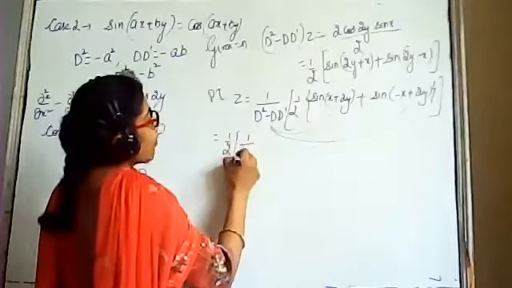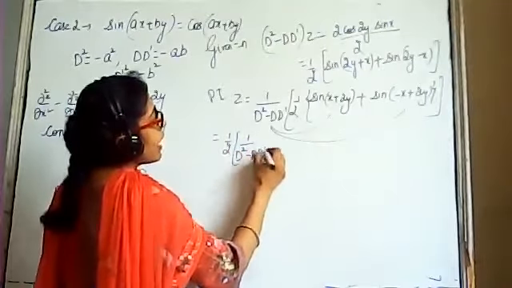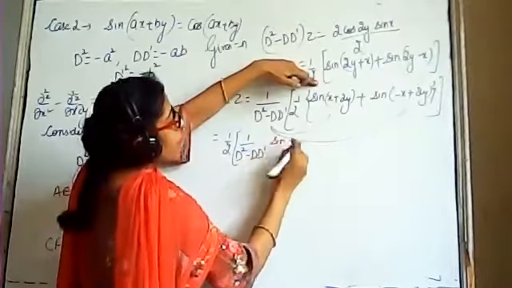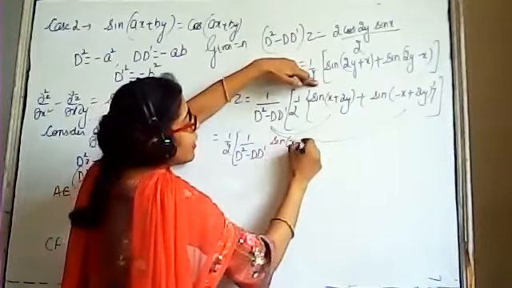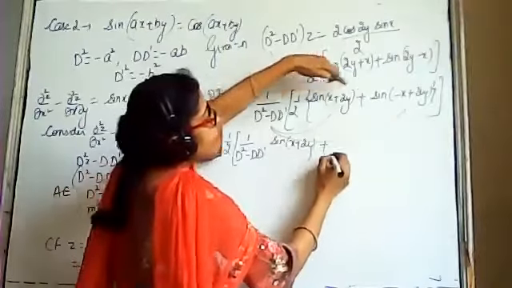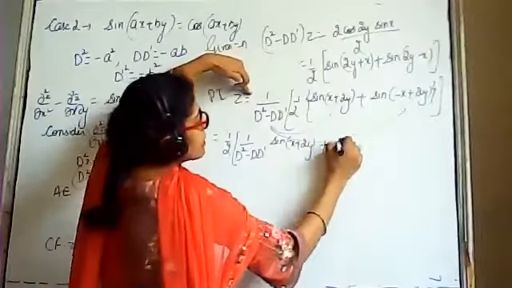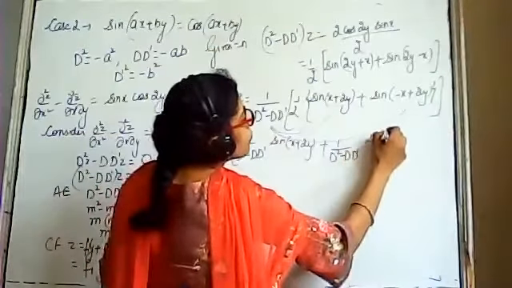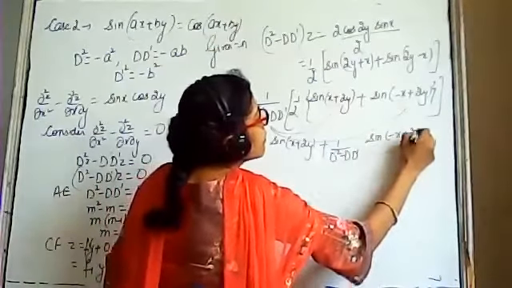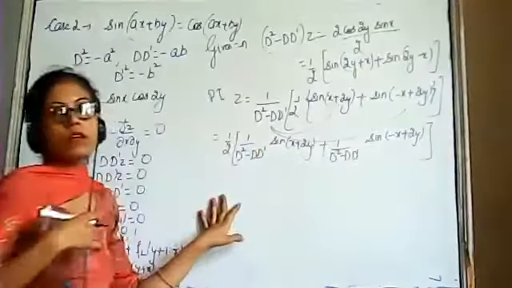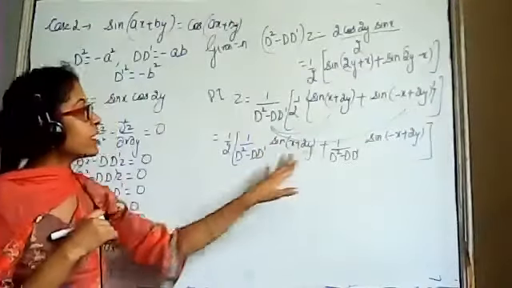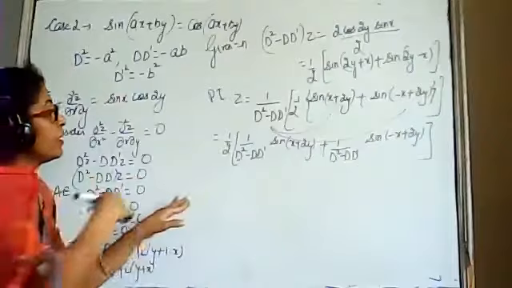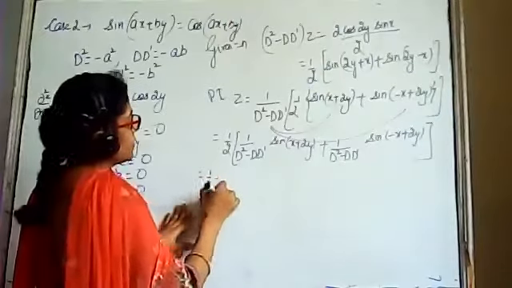This is 1 upon (D² minus DD') into sine of (x plus 2y). Similarly, this plus sign will remain here. This term, this is 1 upon (D² minus DD') into sine of (minus x plus 2y). ठीक है, यहाँ पे हमने टर्म को सेपरेट कर दिया. ठीक है, this is equals to 1/2.